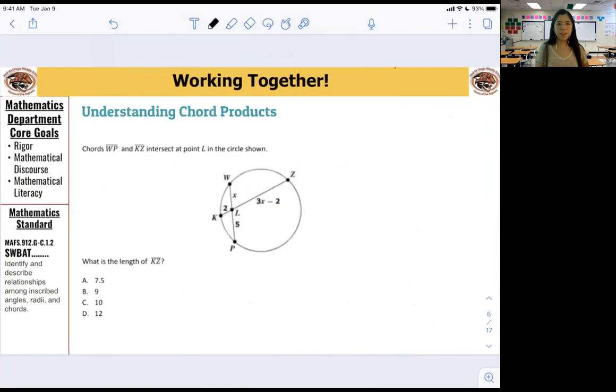Okay. Let's try another similar situation. A little bit easier, I would say, but go ahead and try this one on your own. I'll put in a poll.